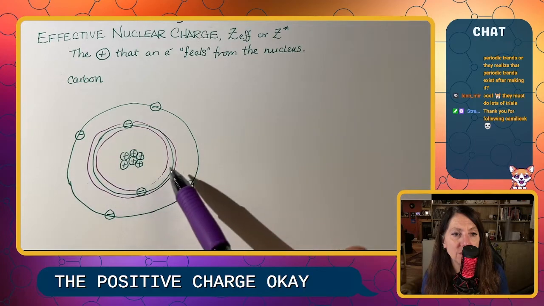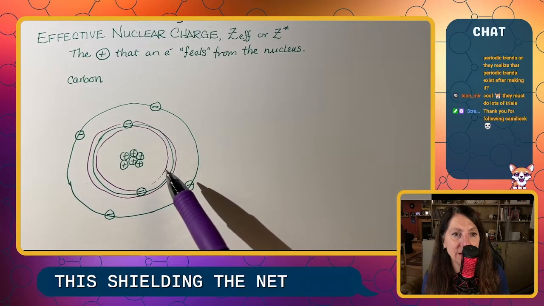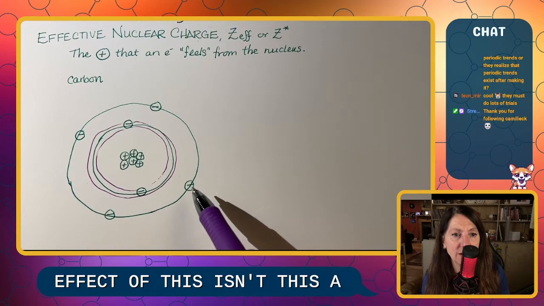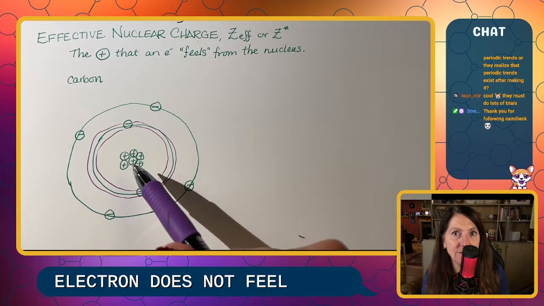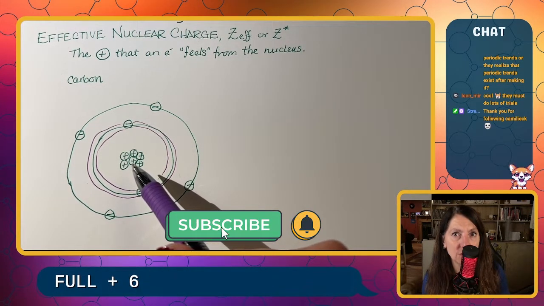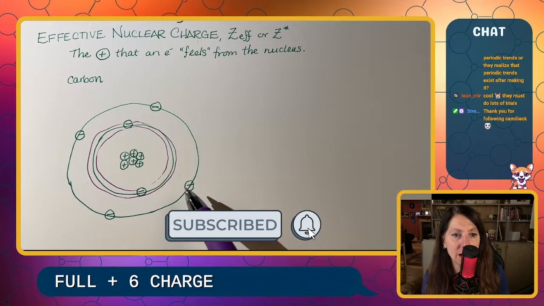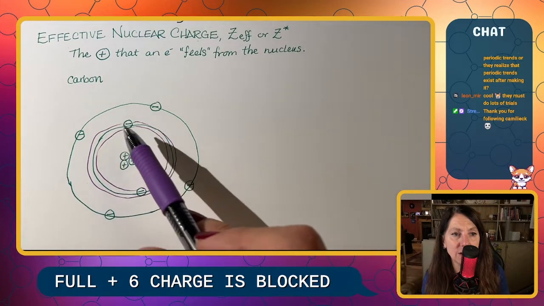So the net effect of this shielding is that this electron does not feel a full +6 charge. It is blocked by these inner electrons.